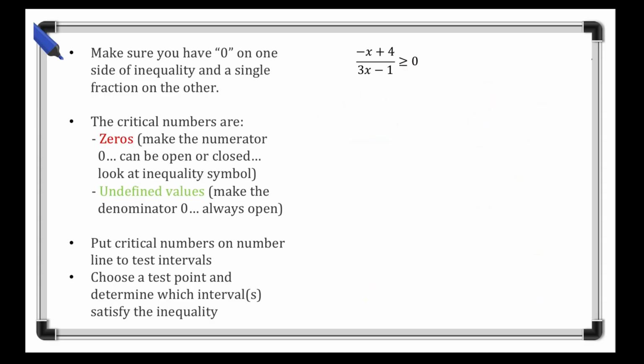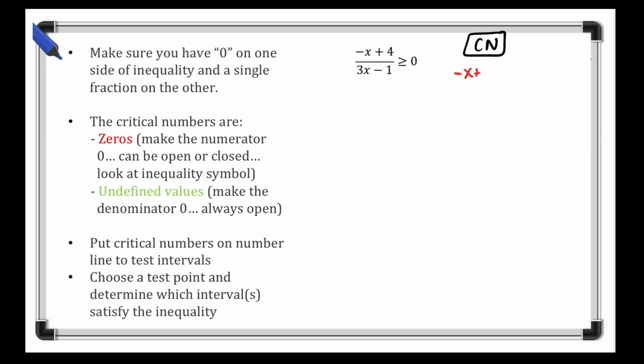Okay, here in this question, again, make sure you have a 0 on one side and a single fraction on the other. So this one is also good as well. You're going to find your critical numbers, and my 0 is my numerator, so -x plus 4. Your x value would be 4. Now looking at your symbol, it is a greater than or equal to, so this 4 is going to be closed.